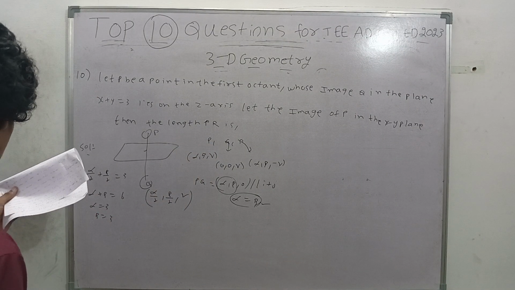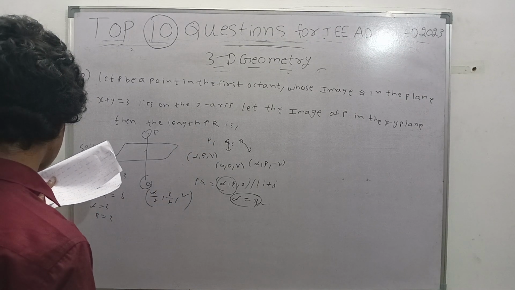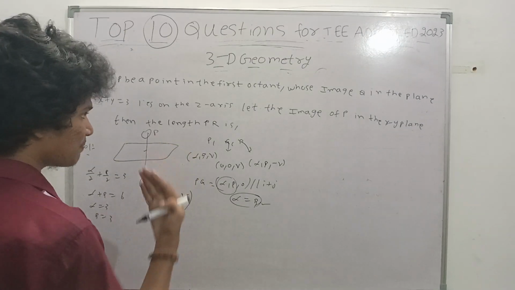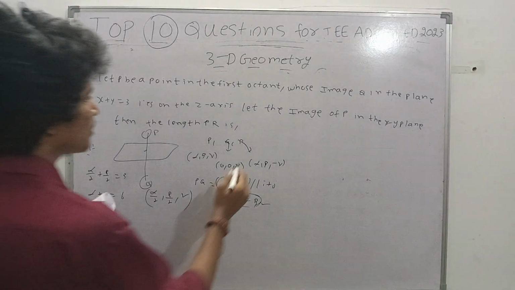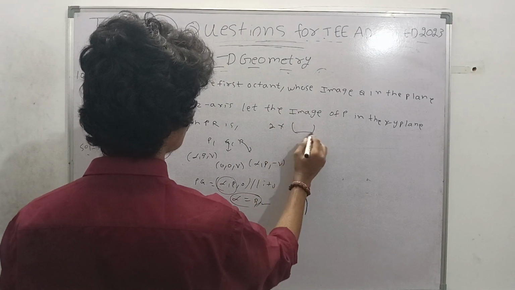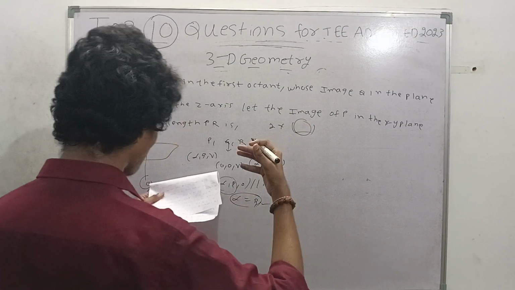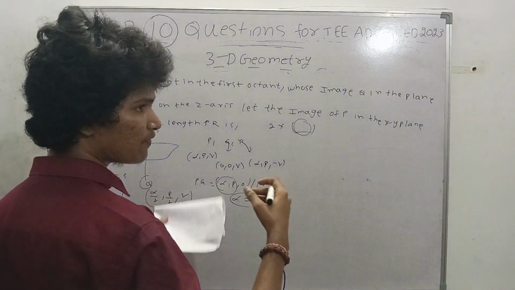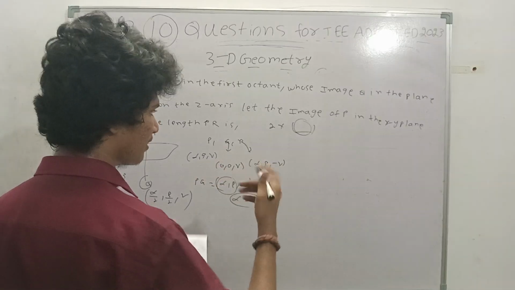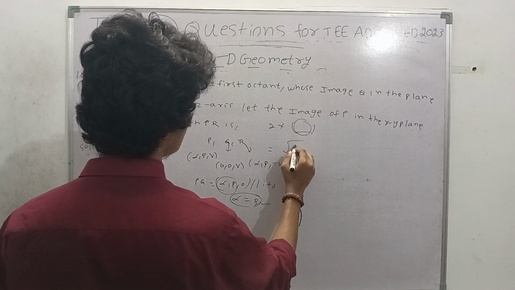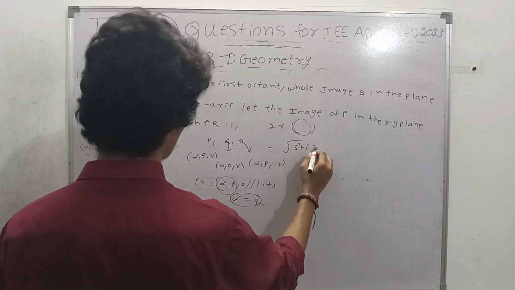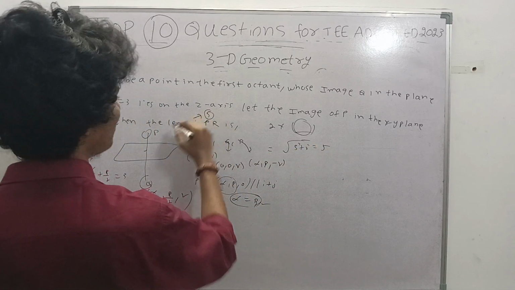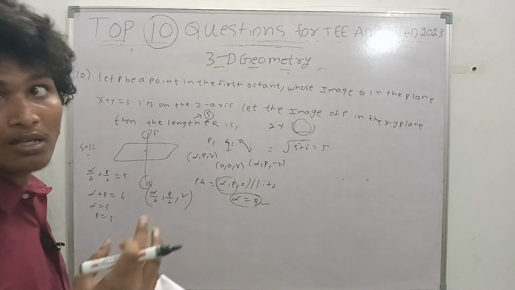In order to find the length of PR, it is very important to find gamma. PR is 2 times gamma. They said the distance from the x axis is 5. I forgot to mention it is 5. So the distance is root of beta square plus gamma square equal to 5, given in the question.